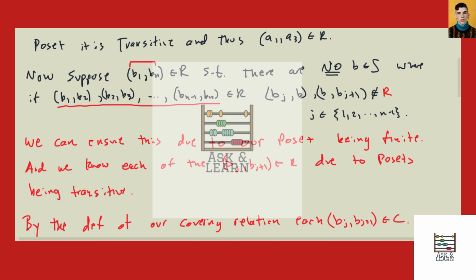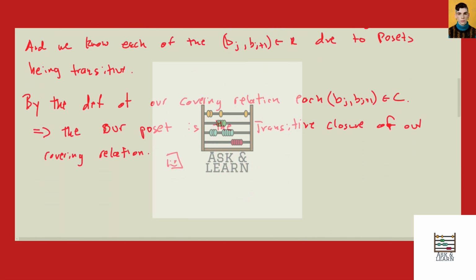Once we find that maximal chain, all of these then get translated into our covering relation due to all of them only being of length one, because we made this assumption here that there is no B in S where this B can squeeze in between one of these. And so from that, we can say we can reconstruct all of them. So that was pretty much what we did for that.